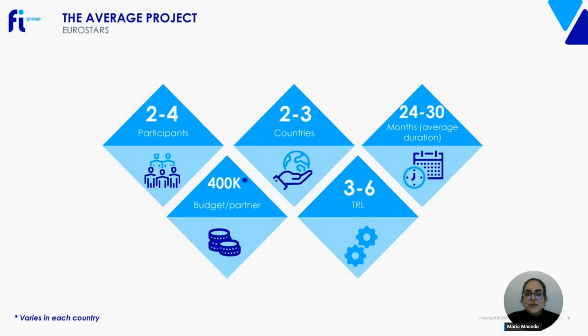But it is really important, once again, to check if there is any limitation at national level, since there are some countries which impose a maximum limit of budget per entity. Others don't have these limitations, and so it is important to check carefully. We don't mention here co-financing percentages.